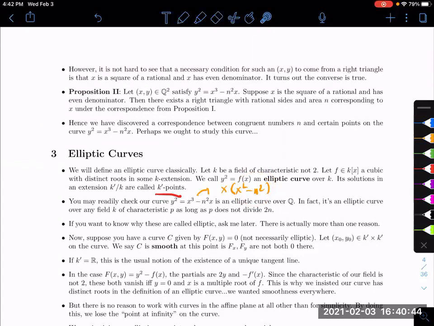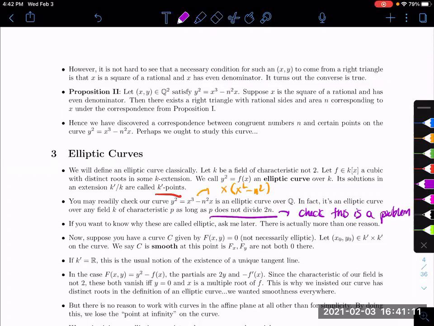And this is an elliptic curve over Q. In fact, it's an elliptic curve over any field K of characteristic p, where p is a prime number, as long as p does not divide 2n. And again, that comes down to smoothness reasons. In fact, you should check this. Check there's a problem when p divides 2n.